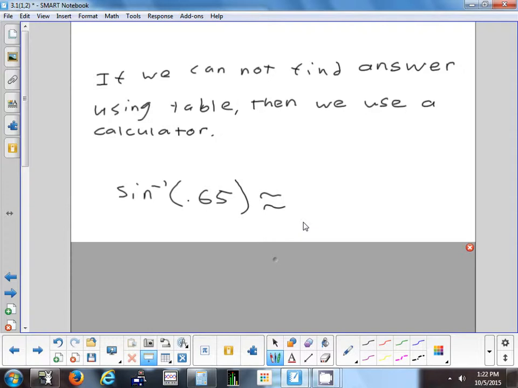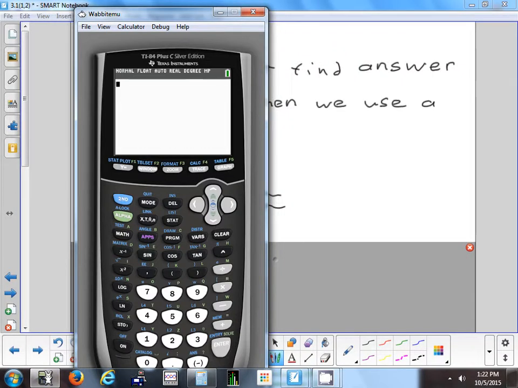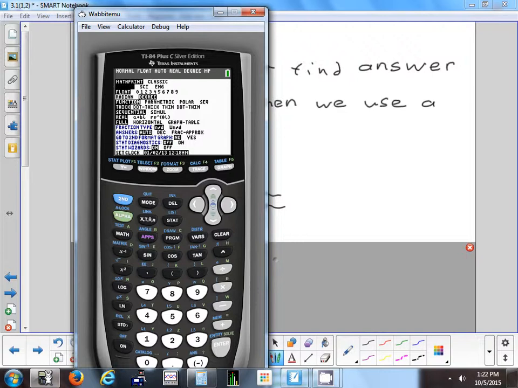What you want to make sure, check the directions on the problem. If it says degrees, put your calculator in degrees. If it says radians, put in radians. This one doesn't say, so I'll show you how to do both. Let's start in degrees.